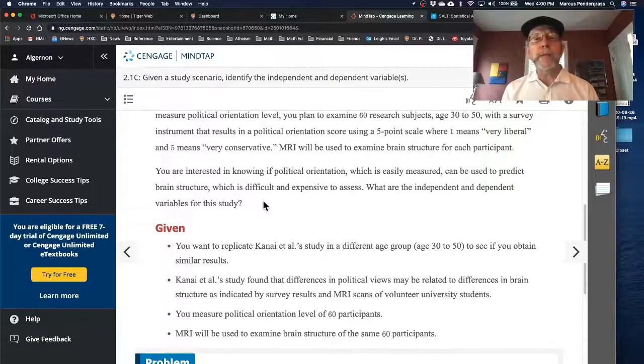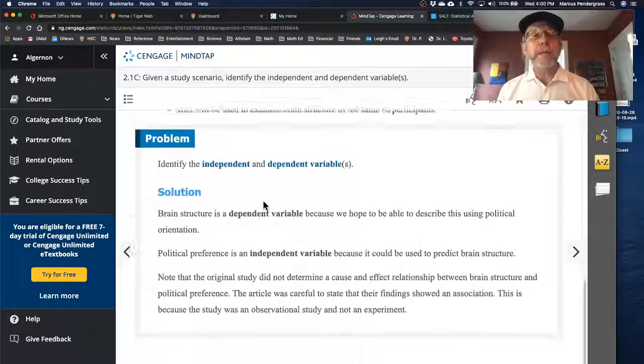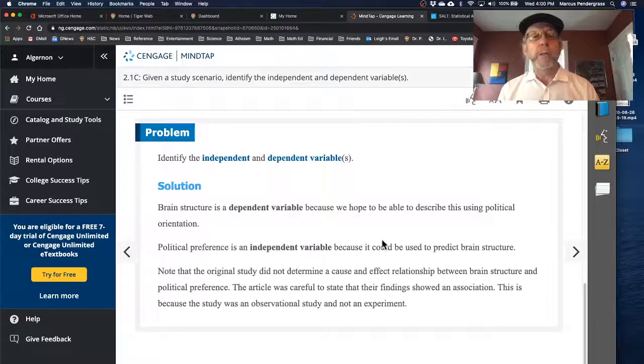So that would mean that the political orientation, as identified by the survey instrument, is going to be used as the independent variable, and you're going to see if you can use it to predict the response variable, which is brain structure. So the independent variable here would be political preference as measured by the survey, and the dependent variable would be brain structure as measured by the MRI.